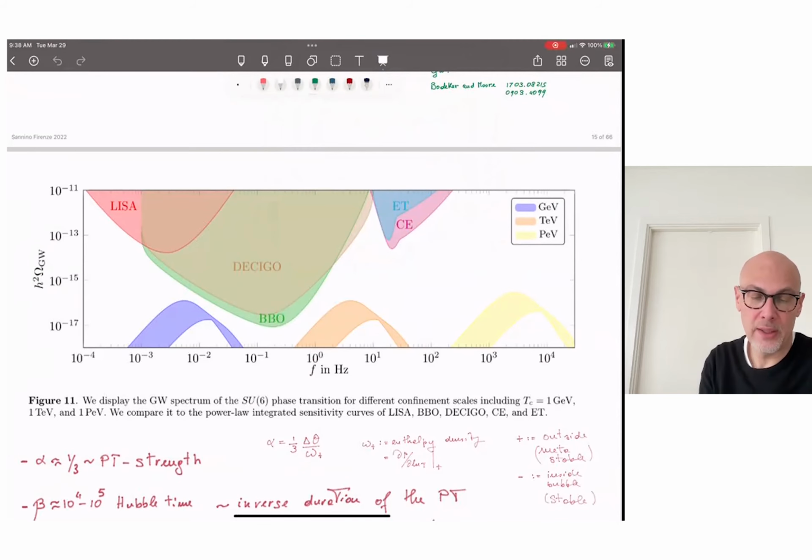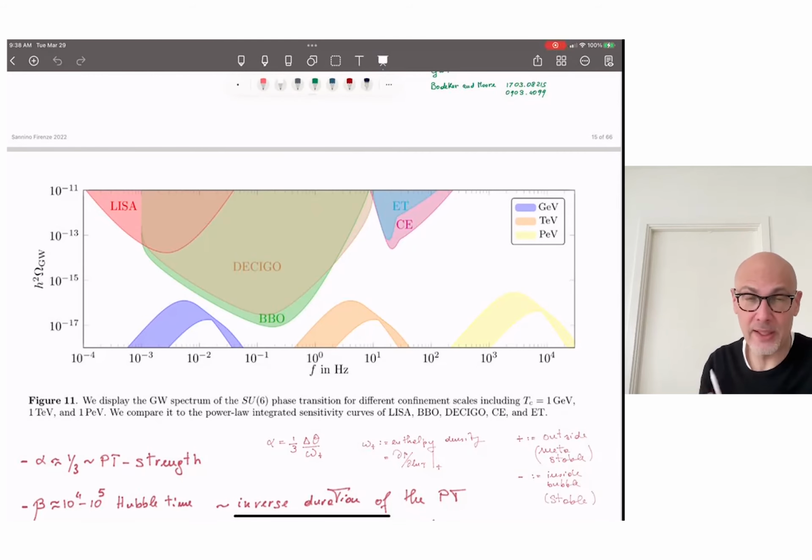You see that we have put here the future experiments, and effectively only the SIGO and BBO have a chance to be able to detect these gravitational waves, which means that the dark side can be extremely rich, and we won't be able to say much about that for a very, very long time.